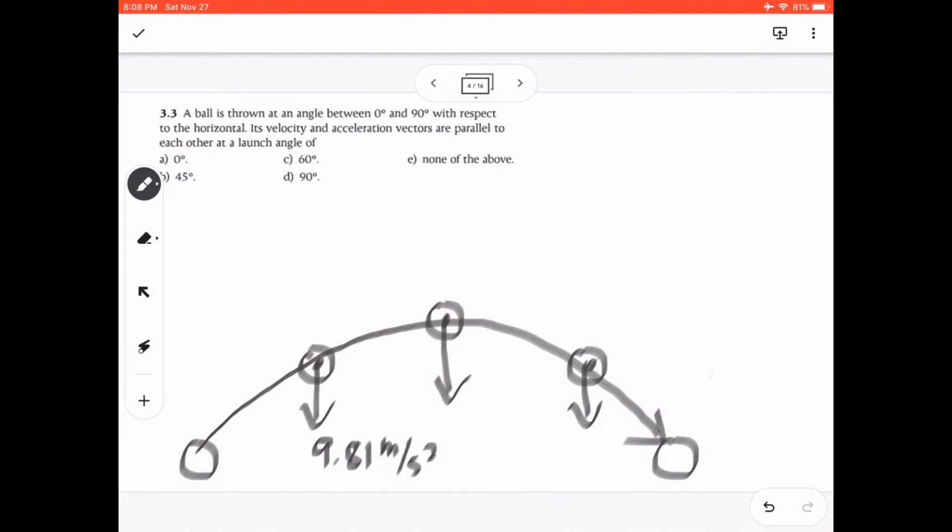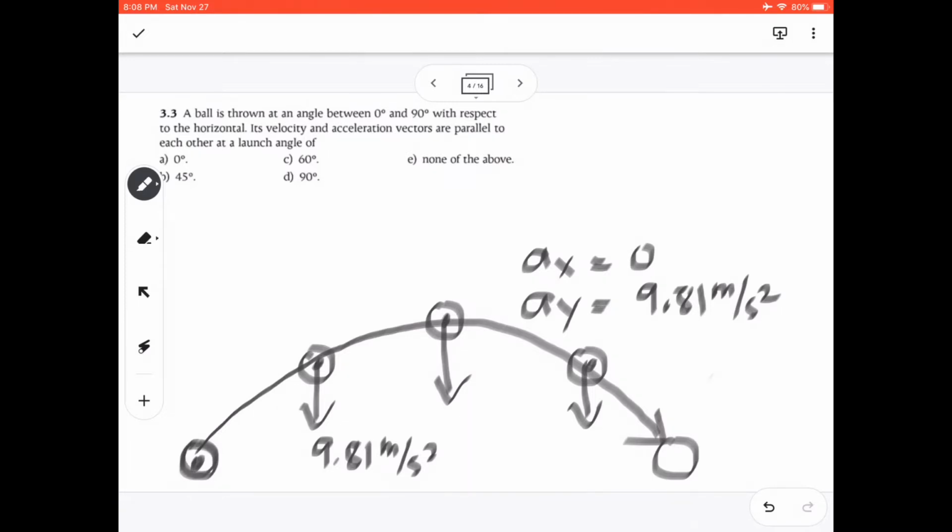There is no horizontal acceleration. The horizontal acceleration, Ax, is always equal to 0, but Ay, the acceleration along the y-axis, is always equal to 9.81 meters per second squared, and it's always downwards.